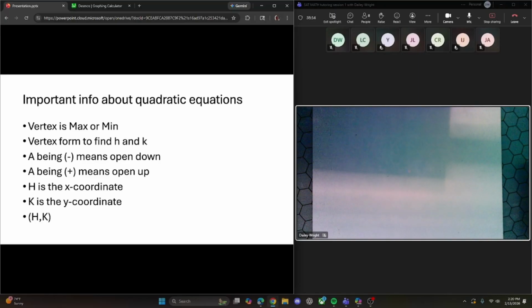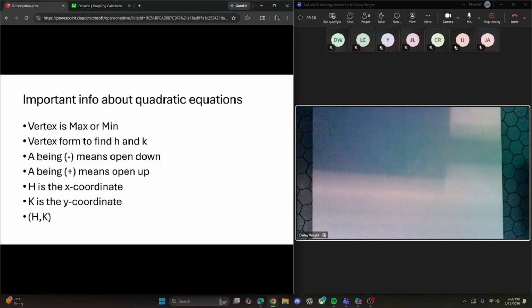So if you have vertex form, like I said earlier on, you can use that to find h and k, which gives you your equation. And at the bottom here, I have (h, k) because h is your x value, k is your y value. That's why I have it looking like this, because that's what your coordinate looks like.